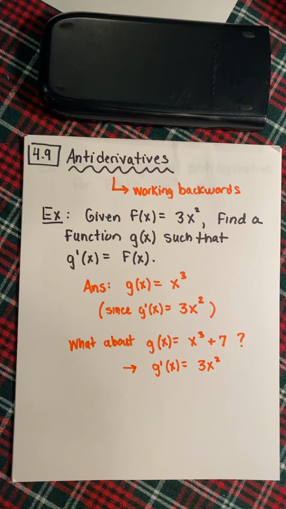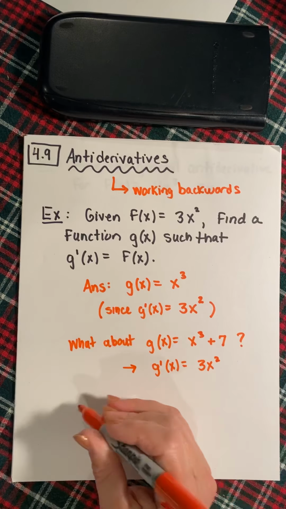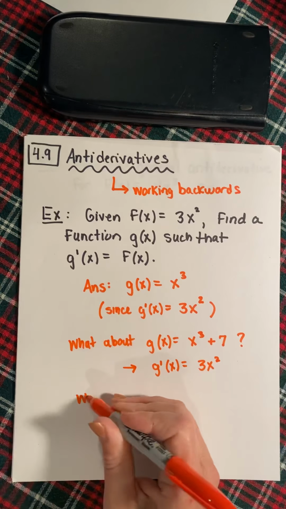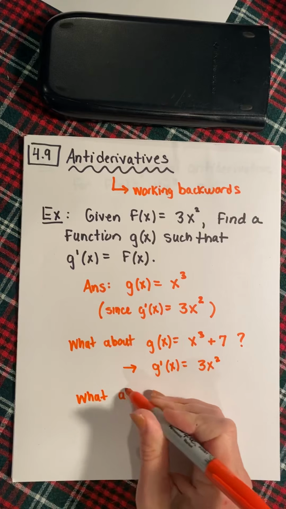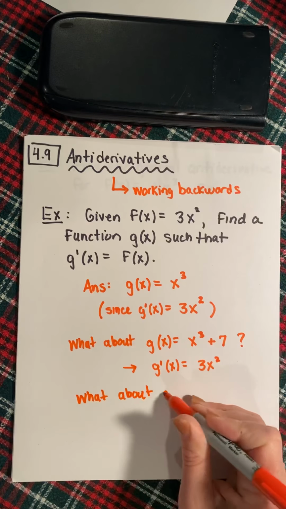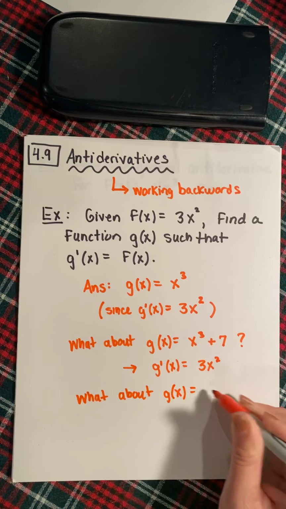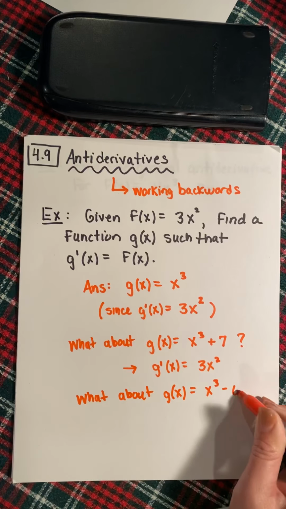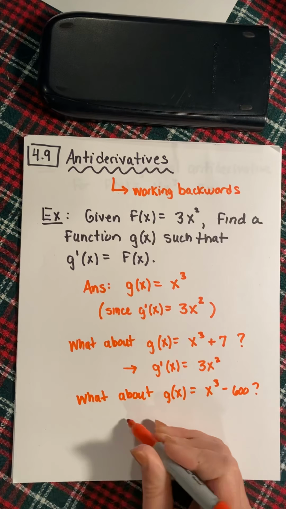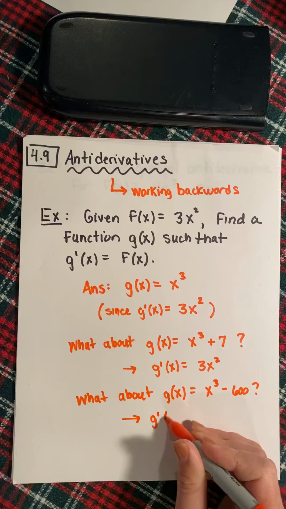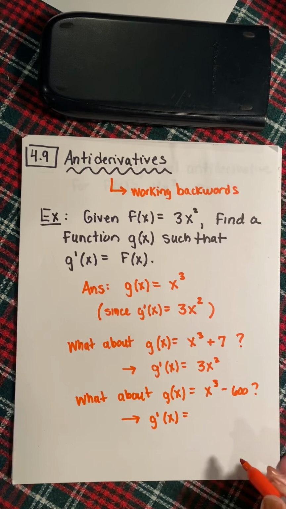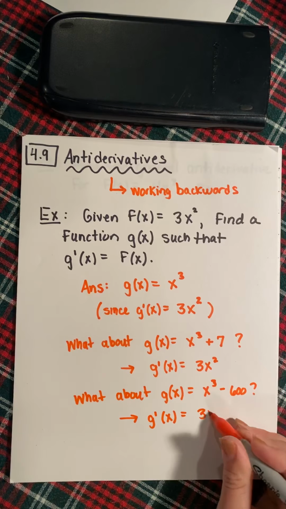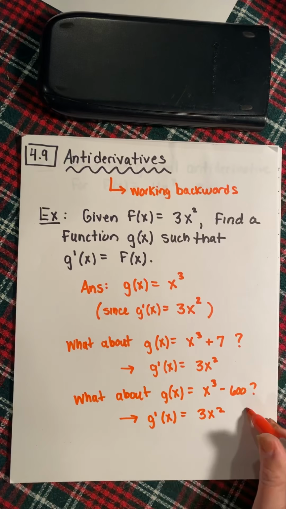So the derivative of x cubed is 3x squared, and the derivative of x cubed plus 7 is also 3x squared. What about x cubed minus 600? The derivative of x cubed minus 600 is also 3x squared.